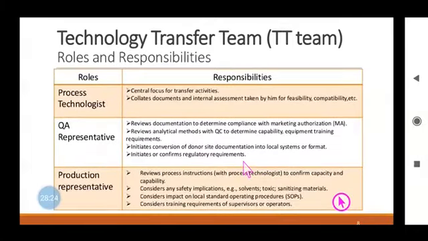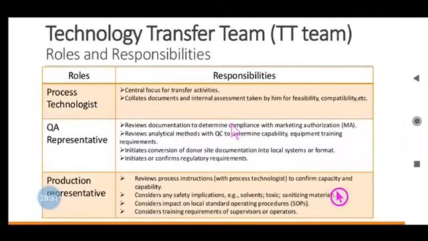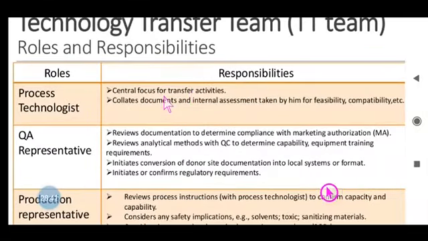So here is the technology transfer team, the details of the roles and responsibilities, as we discussed briefly in the previous slide. The process technologist will have responsibilities like being the central focus for transfer activities, then collating documents, and the internal assessment taken by him for feasibility, compatibility, etc. So this is the process technologist, as the focus on the transfer activities.